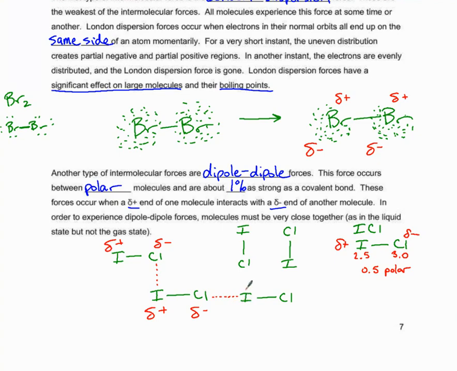And this iodine is going to interact with the chlorine of the next one, and this chlorine with the iodine of the next. And we just end up creating all of these intermolecular forces, because these dotted lines are not a chemical bond, but they are places where this molecule and this molecule are influencing each other. This one is influencing this one, and so on.